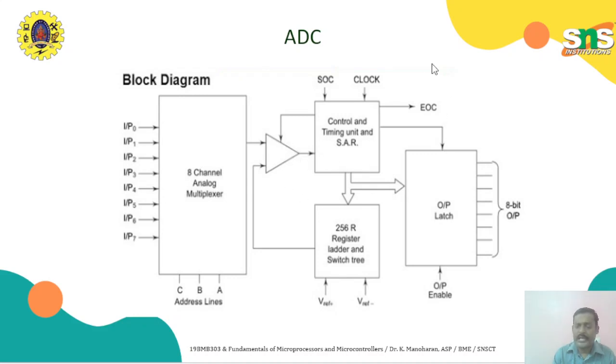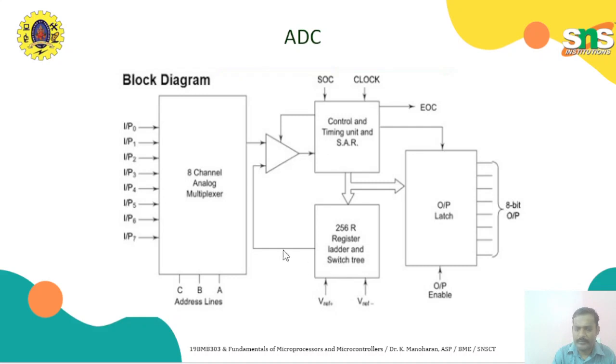For example, take a 4-bit. First we take the first bit as 1. The second bit will be 1 or 0 depending upon whether it is greater or lesser. If lesser, the first bit becomes 0 and the second bit becomes 1. If higher, the first bit remains 1 and the second bit also becomes 1. This operation is repeated until it reaches the equal value.